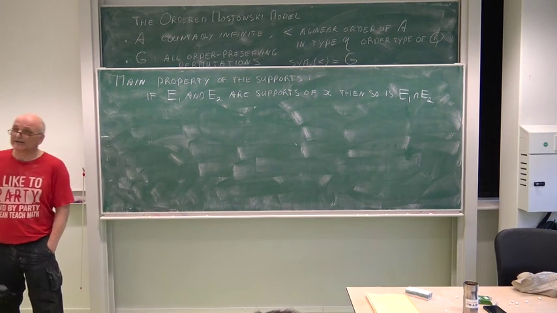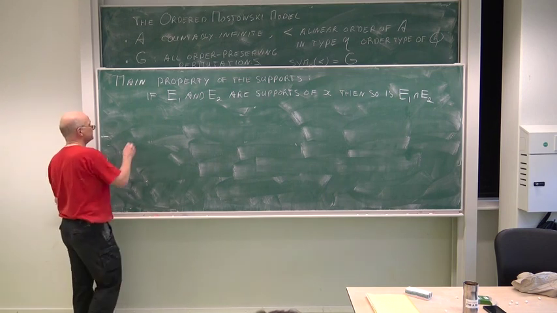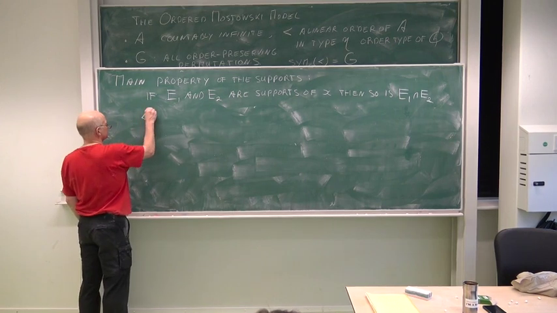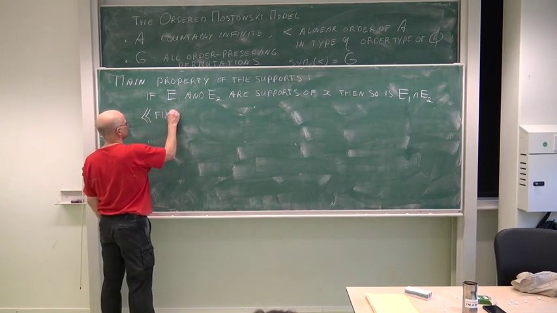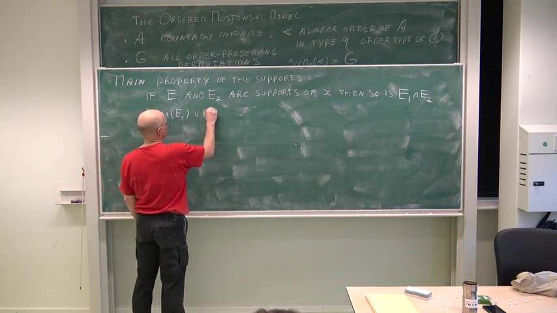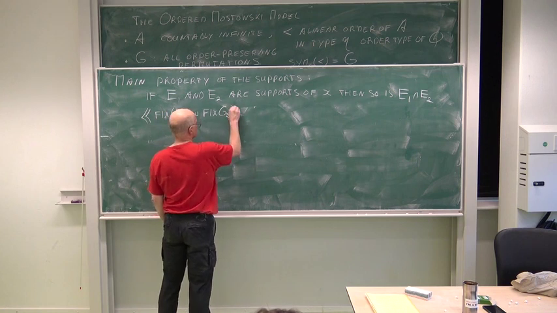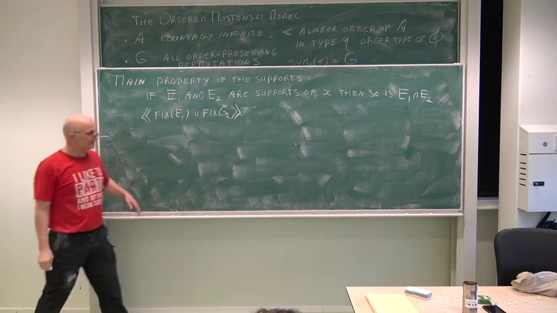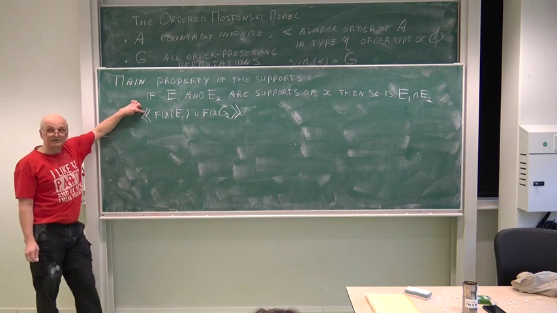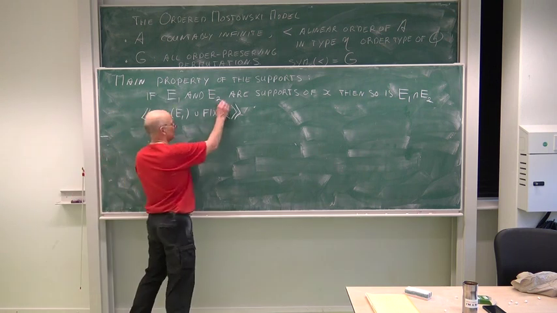Here is where the algebra gets a little bit more interesting. This is sort of a universal notation. This is the subgroup generated by these two sets.